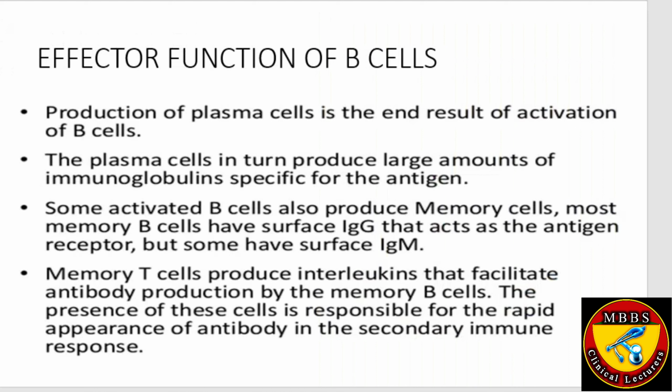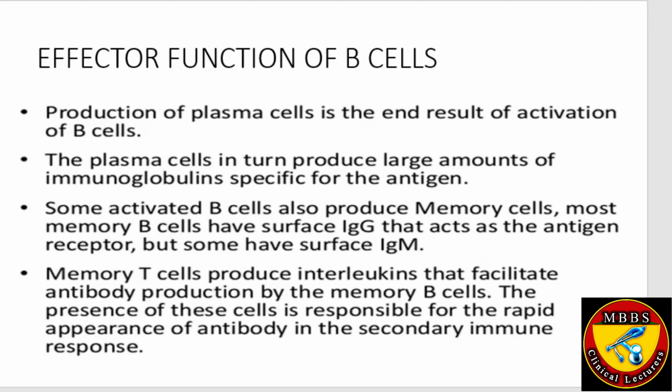Now, what is the effector function of the B cell? As we already discussed, after activation, B cells convert into plasma cells which secrete antibodies and fight against the infection. But some B cells become memory cells, which remain inactive for long periods but are capable of being activated rapidly upon re-exposure to the same antigen.